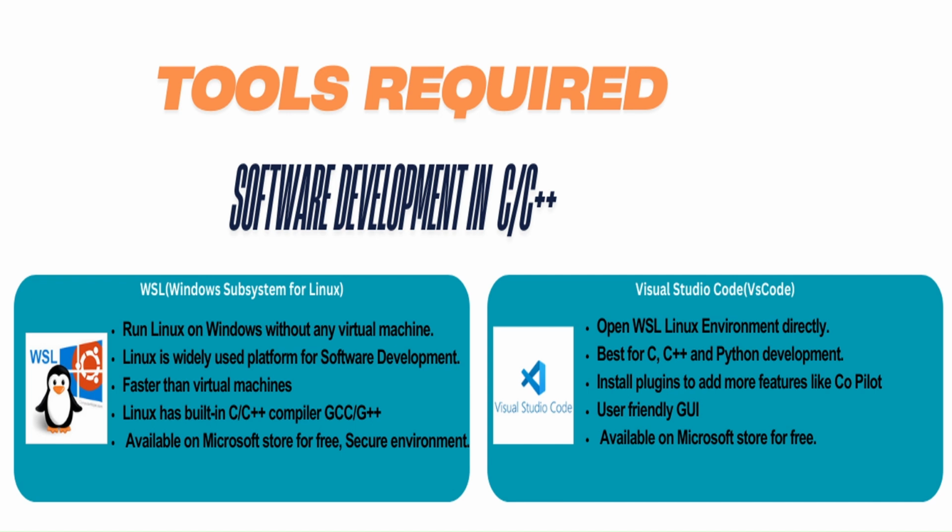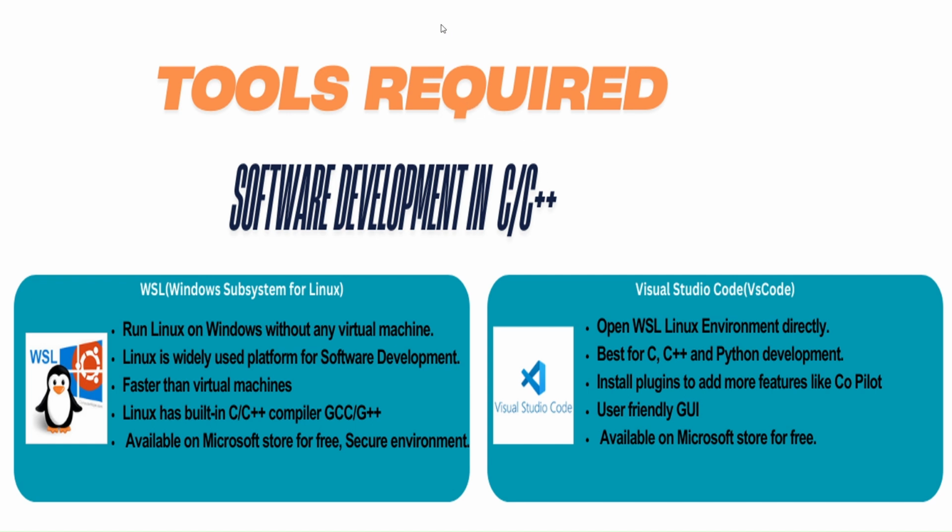The main advantage of Visual Studio Code is that you can install different plugins, like AI plugins, such as Copilot, the AI tool recently used by many software developers, which can automate and generate source code and do a lot of things, which we will discuss in later sections. The GUI is also very user friendly, so you can easily use it, and it is available for free.